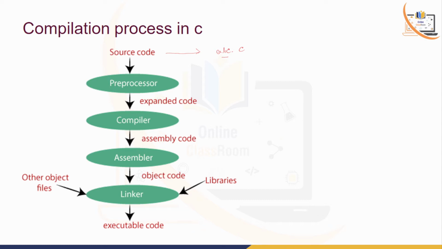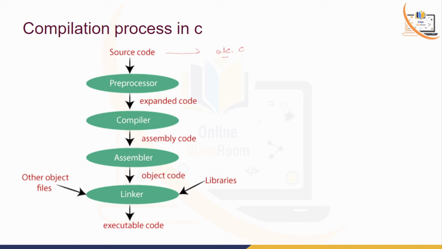If you write something in Notepad, the extension must be .txt. If you write something in a Word document, the extension must be .doc or .docx. Like this, if you write a C code, the extension will obviously be .c. If you write C++, the extension will be .cpp, right?